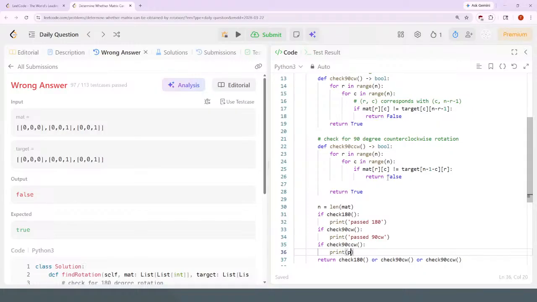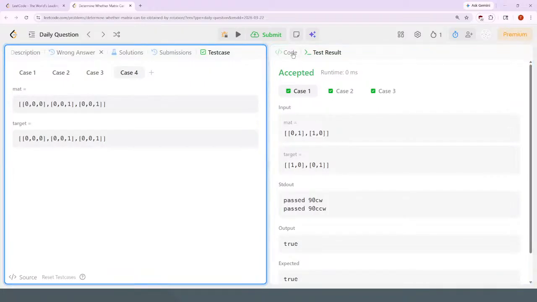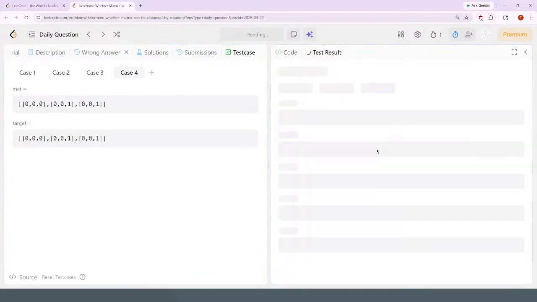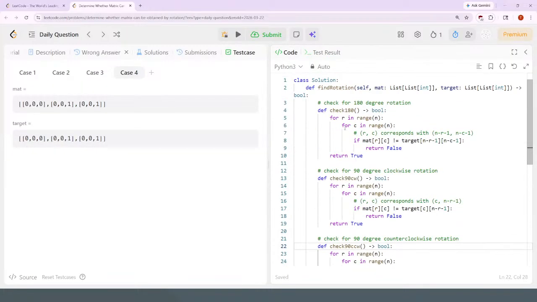Alright, see which one it passed. Oops, I forgot to add this to my test cases. Oh, I said it was false, but it's supposed to be true. Oh, it's the identity. Okay, alright.